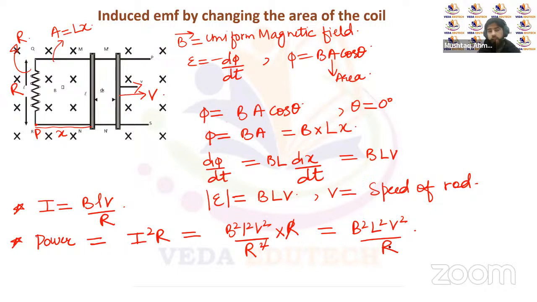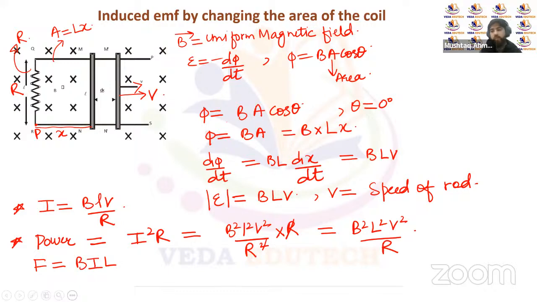Because of the external magnetic field, there will be a magnetic force on this conductor, and the magnetic force will be given by B into I into L.